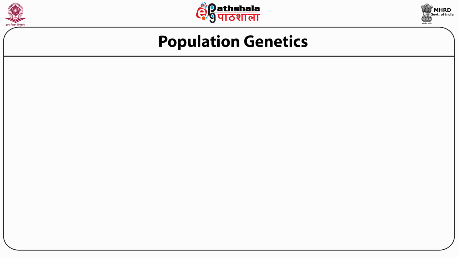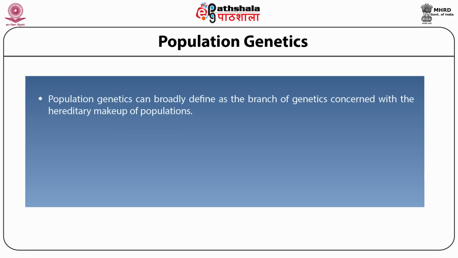Population genetics is a branch of biology that provides the deepest understanding of how evolutionary changes occur. Population genetics can be broadly defined as a branch of genetics concerned with the hereditary makeup of populations in a mathematical way.